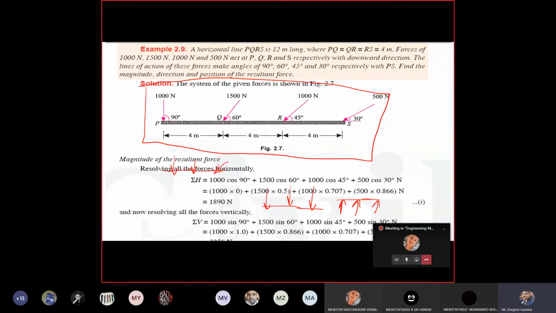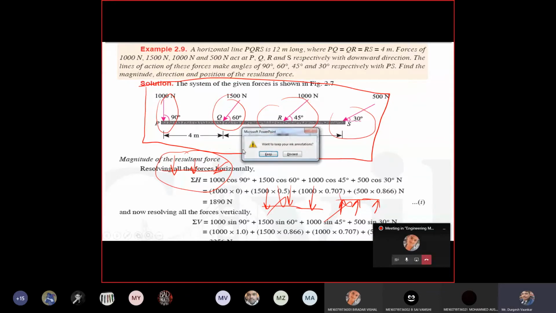Is it clear or not? Neither this case is there nor this case is there. This case means here some vertical forces as well as some inclined forces are acting on the plane. One vertical force is there and three inclined forces are there. How to calculate this? Any one of you?